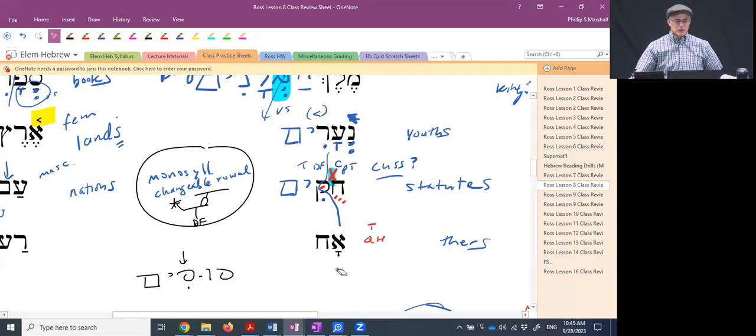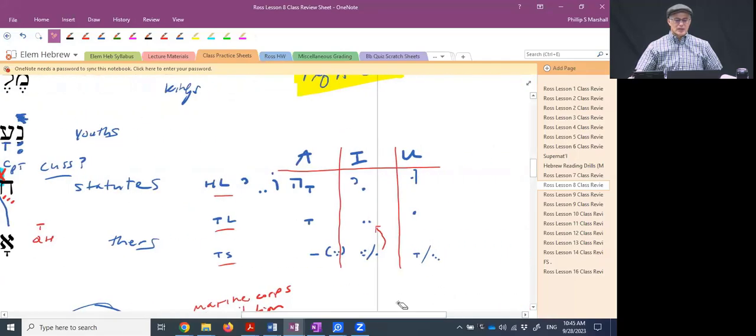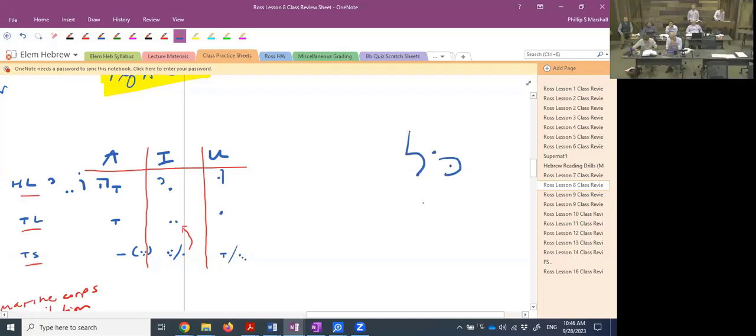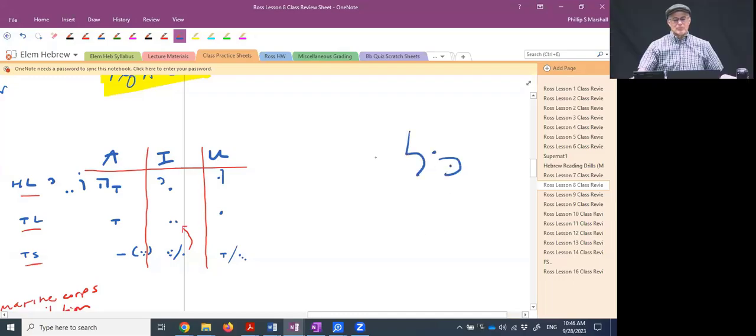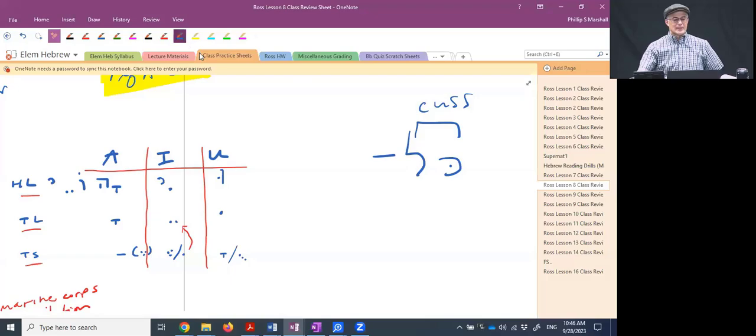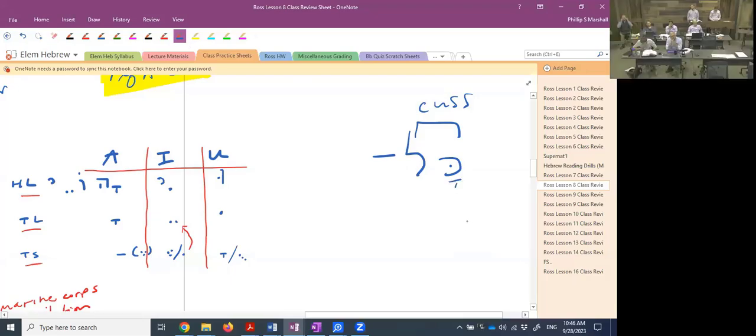Like, I don't know if you recall, but we were talking about the word kol, which is normally spelled this way, right, with a holum. But when I add the makaf, this loses its stress, right? And it becomes a cuss syllable. Do you remember what that holum became? Kametz ketuf. Yeah, in that circumstance, it became kametz ketuf. Right.